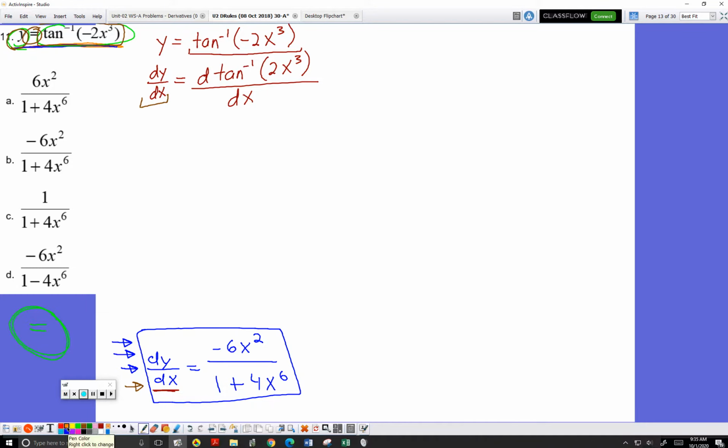I put the d here. It's d of all of it. It's actually optional. You can do it either way. If I had d of negative tangent, though, I would definitely put parentheses because it kind of looks like I'm subtracting. This one, either way is fine. Does that answer your question?